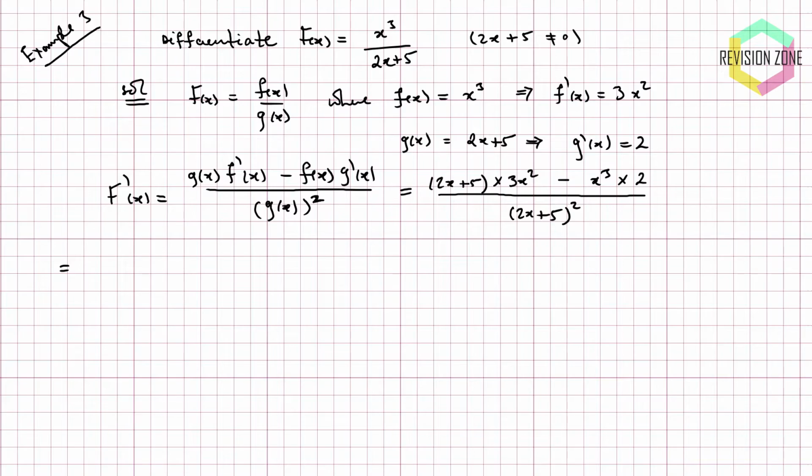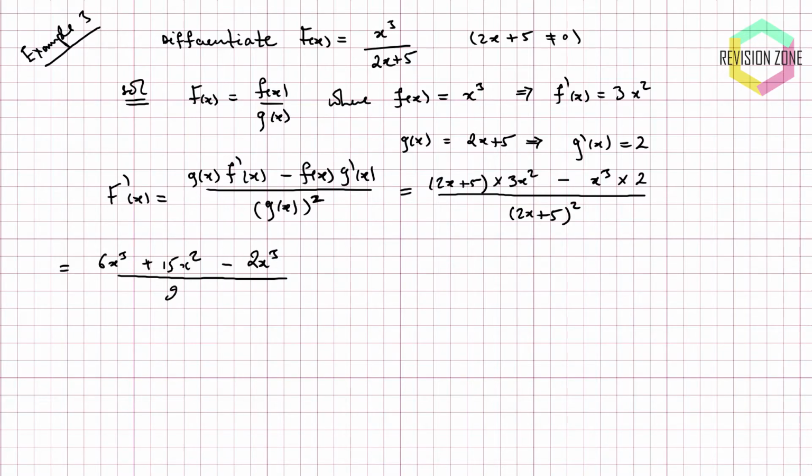The first thing here is going to expand out to give me 6x cubed plus 15x squared. So now that we have that, the remaining term in the numerator is just minus 2x cubed. So we can now combine the numerator quite nicely.